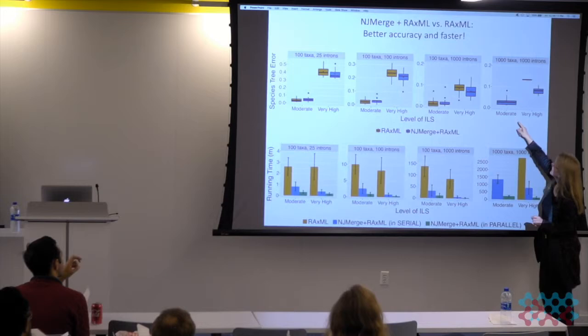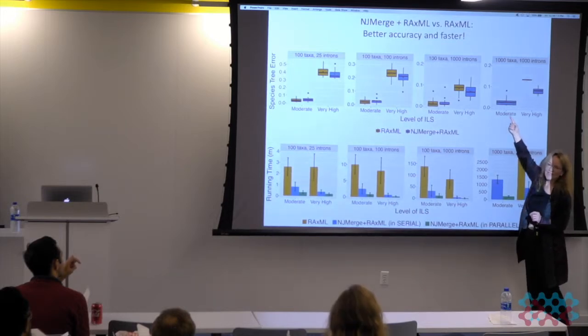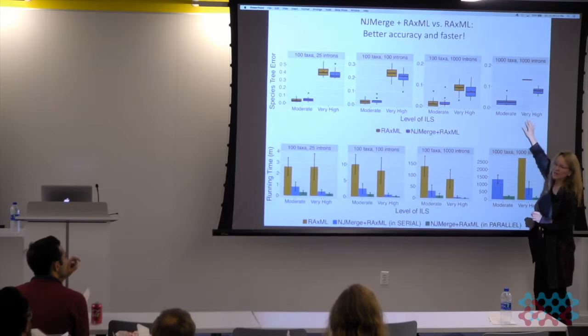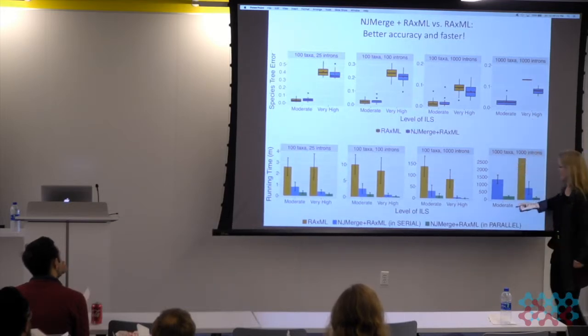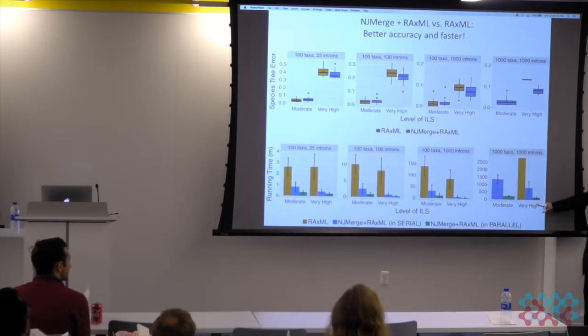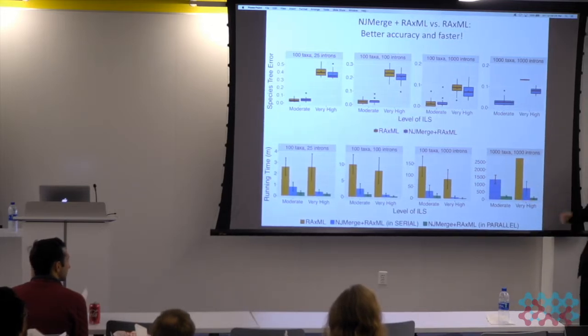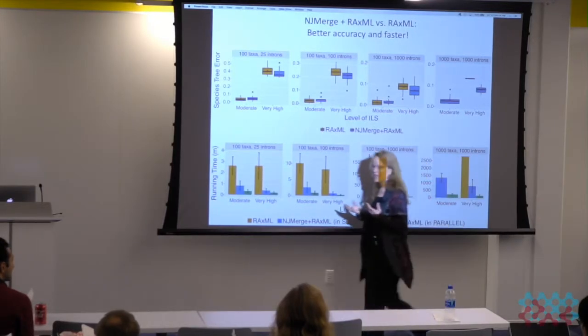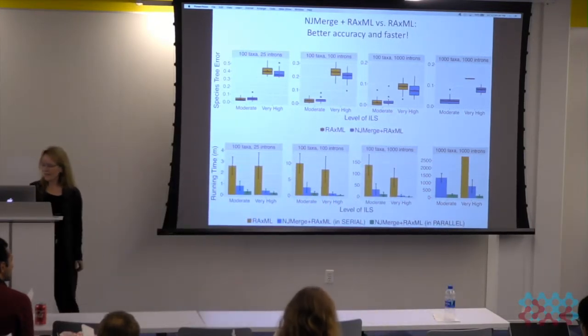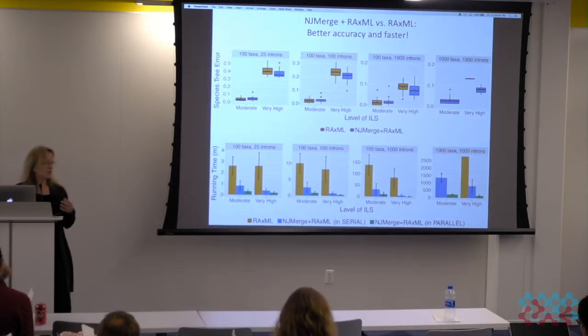In this case, concatenation can't even run within the time limit, and you can always run it inside this pipeline. And look at the difference in running time. The scale here is different. The running time is dramatically different. Again, part of the running time advantage is just that you divide it into subsets, so the subsets are much faster. But the combination step is trivial.